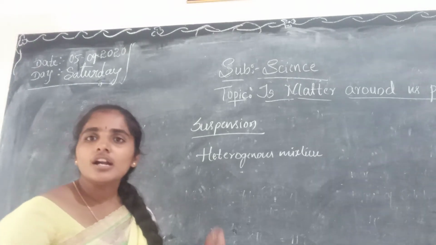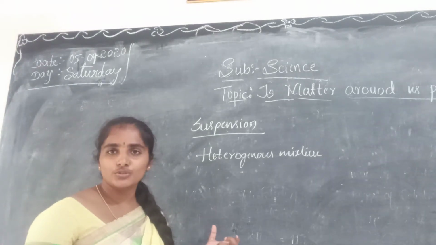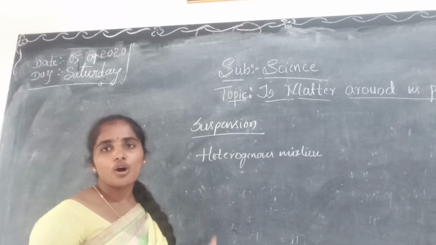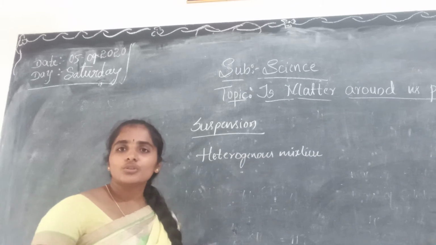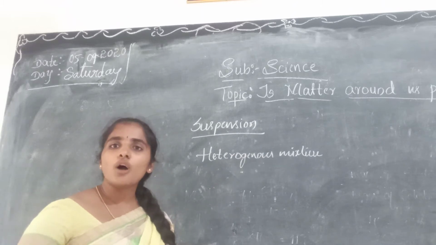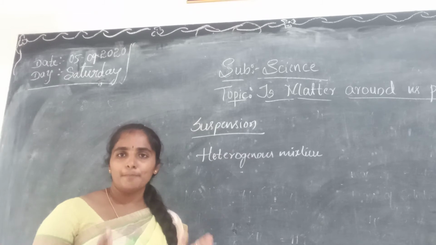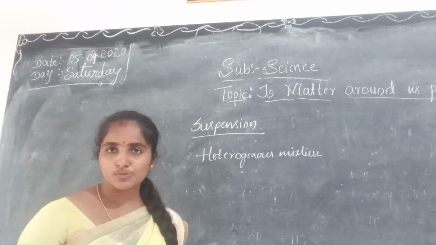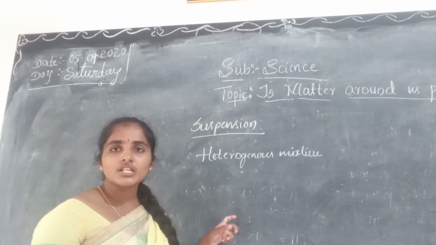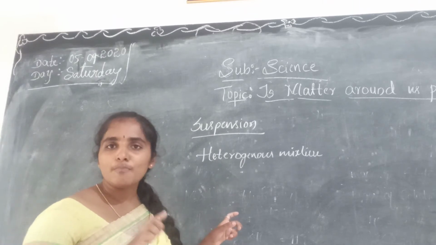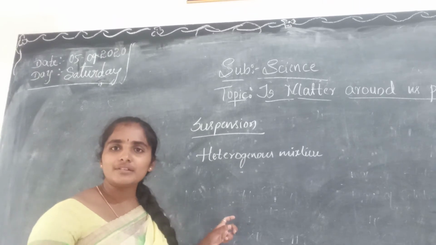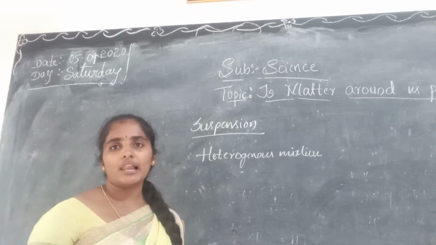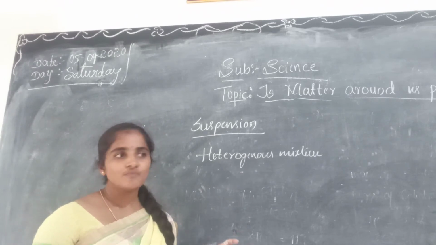They cannot dissolve the solute, so it is suspended throughout the bulk of the medium. So a suspension is a heterogeneous mixture in which the solute cannot be dissolved. The solute particles are suspended throughout the bulk of the medium.